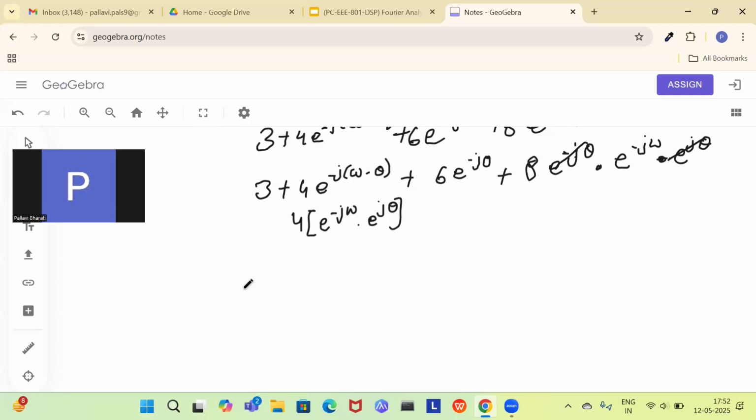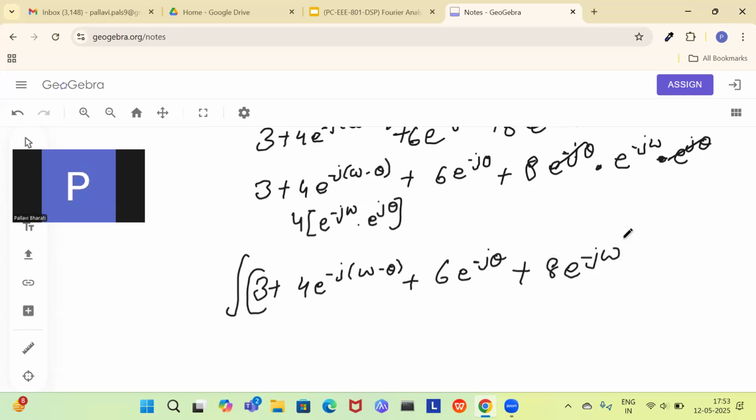So finally, these are the terms for us: 3 plus 4 e to the power of minus j (omega minus theta) plus 6 e to the power of minus j theta plus 8 e to the power of minus j omega. Now this has to be integrated with respect to d theta, from minus pi to pi, with 1 by 2 pi.